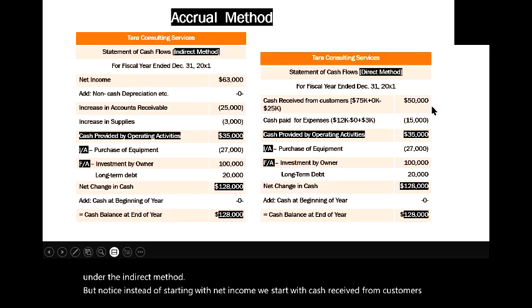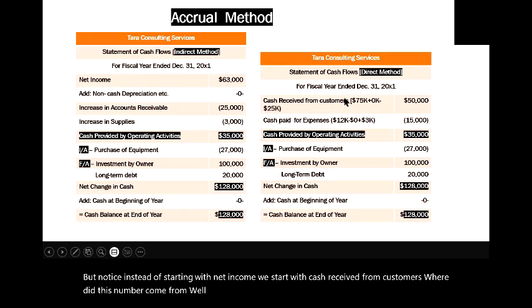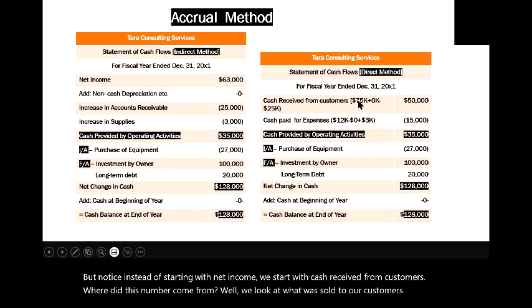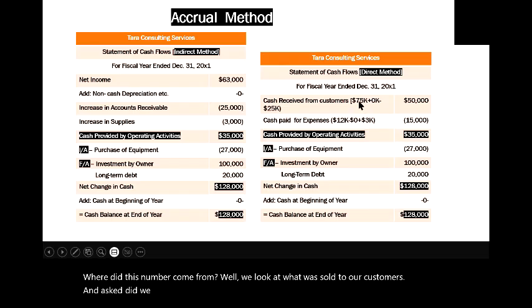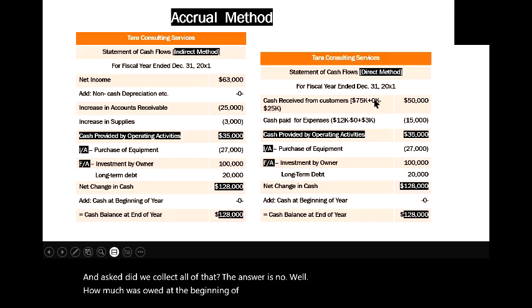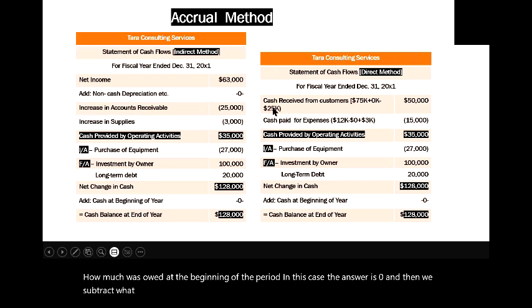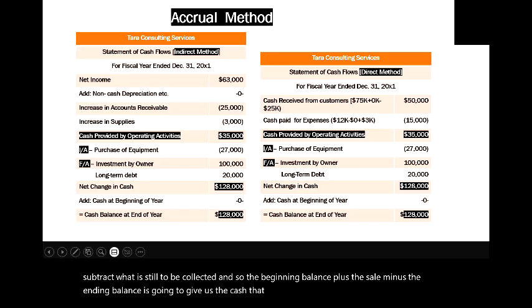Where did this number come from? Well, we look at what was sold to our customers and ask, did we collect all of that? The answer is no. Well, how much was owed at the beginning of the period? In this case, the answer is 0. And then we subtract what is still to be collected. And so the beginning balance plus the sale minus the ending balance is going to give us the cash that we actually received.